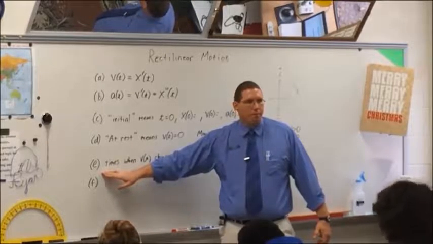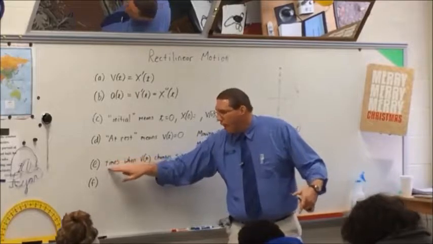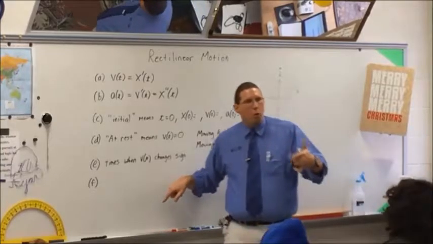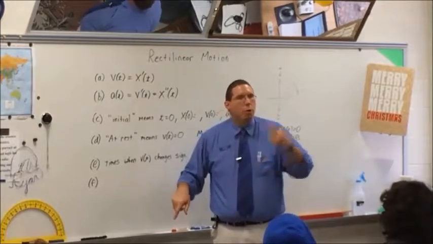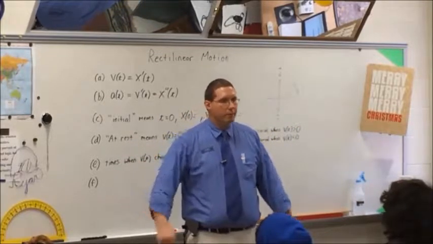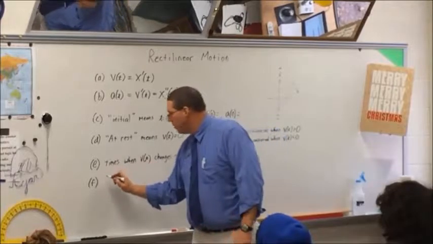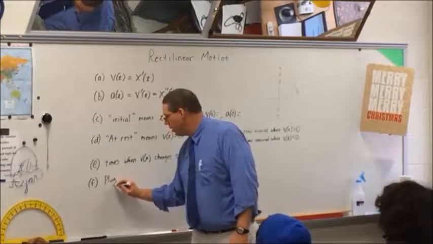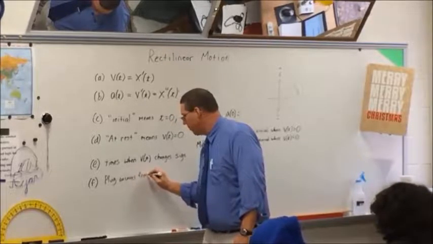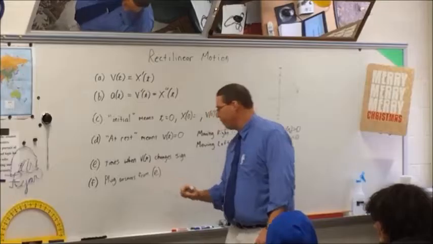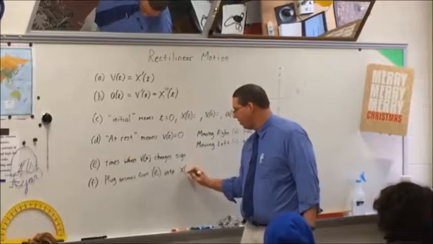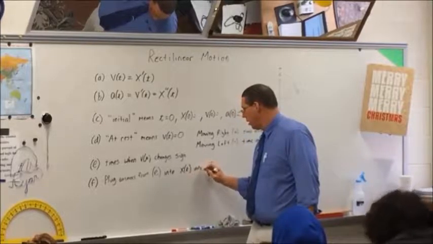You take the times when the object changes direction and then plug those times into the position function and the acceleration function. That's it. Plug the answers from E into x of t and a of t.